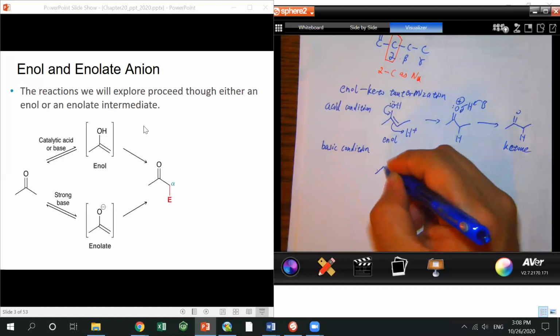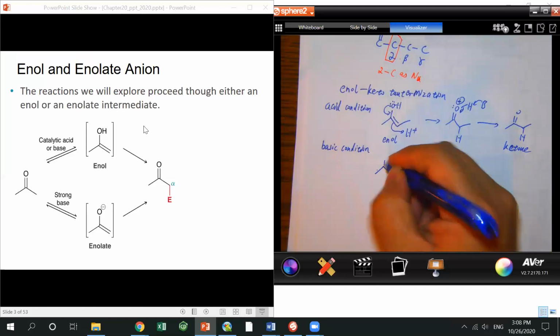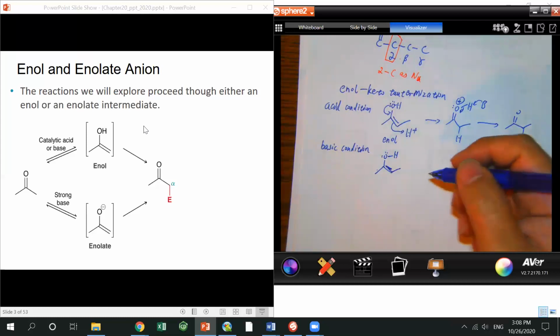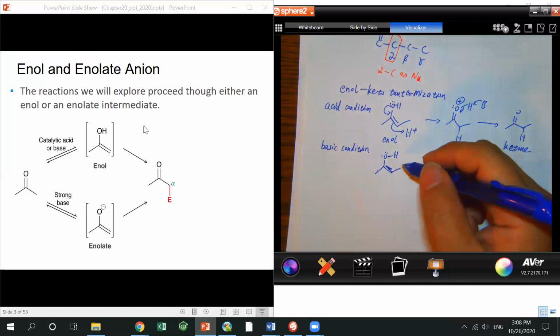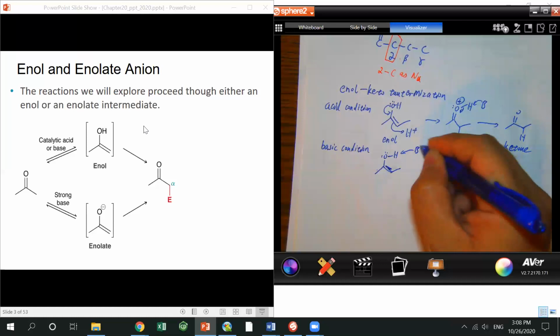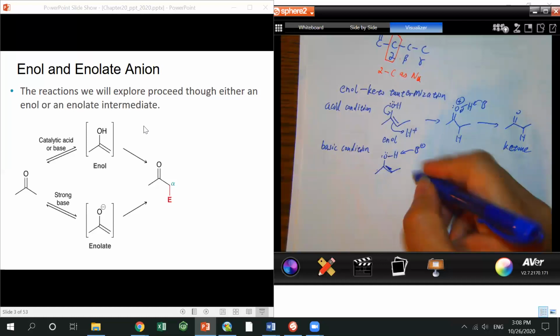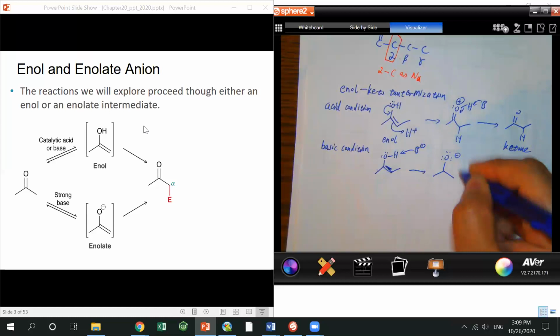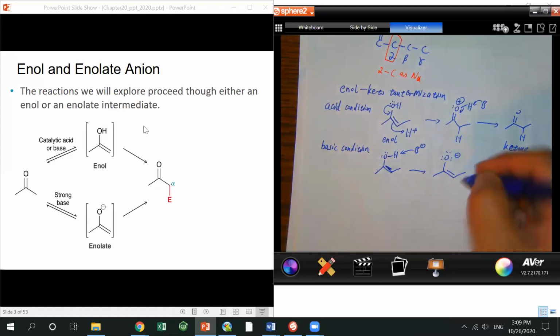This time, we still start with the enol, but we generate the enolate first. Under the basic condition, first some strong base comes in and picks up the enol proton. Then the lone pair electrons on oxygen come back.